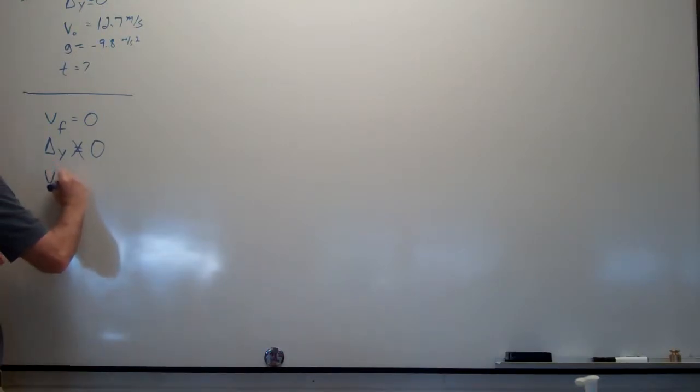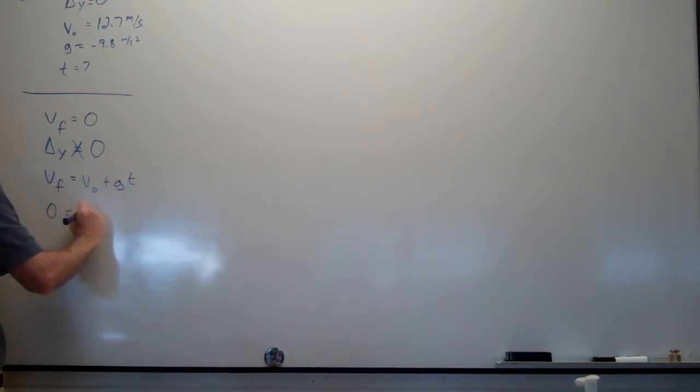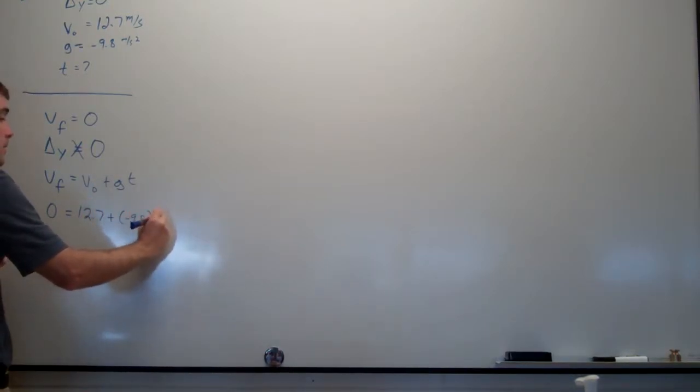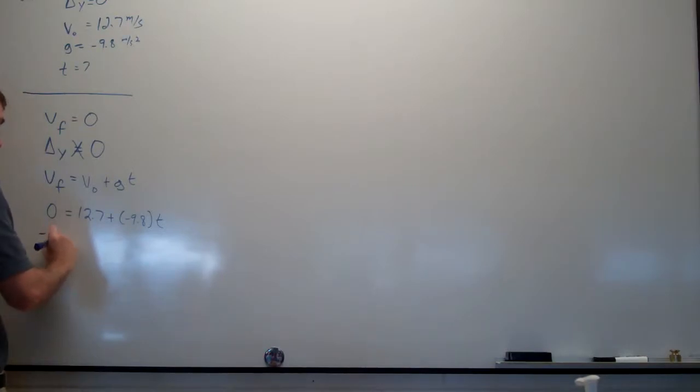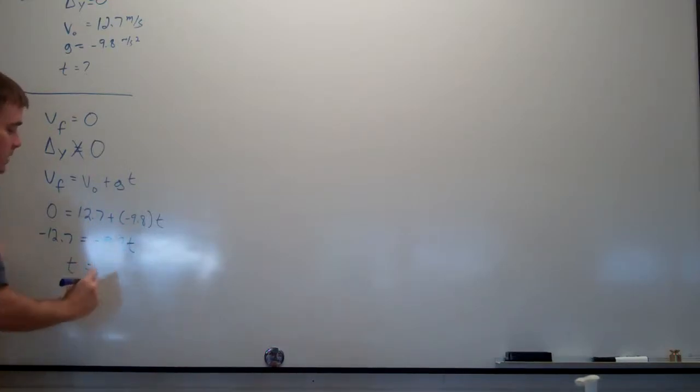We do VF equals VO plus GT. 0 equals 12.7 plus negative 9.8 times T. Negative 12.7 equals negative 9.8 T. And T equals 1 point something. 1.34, I guess.